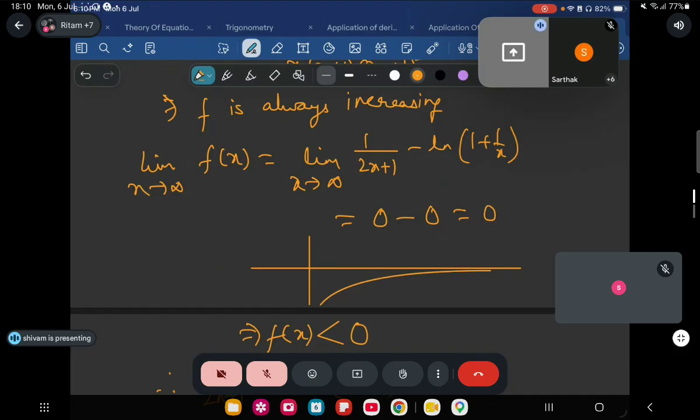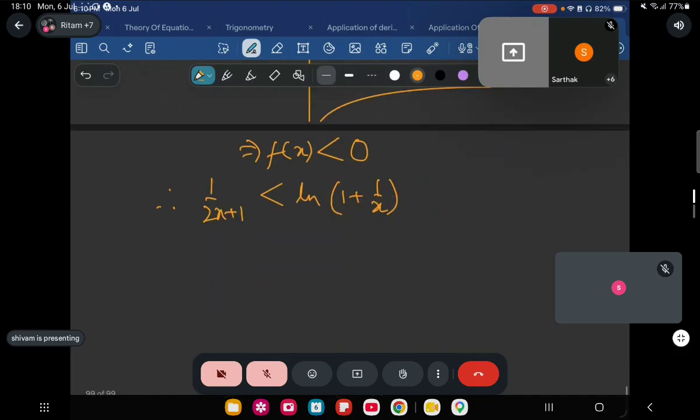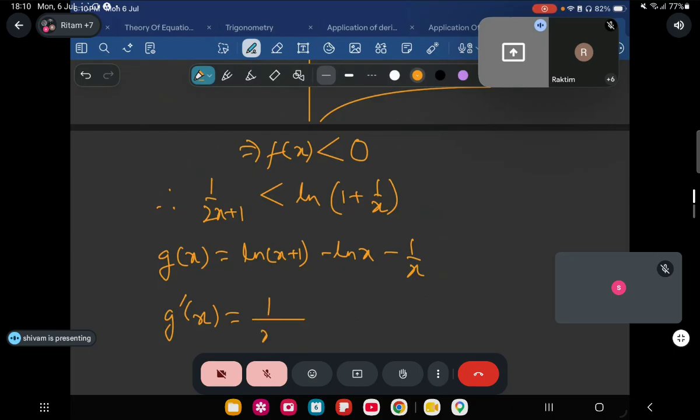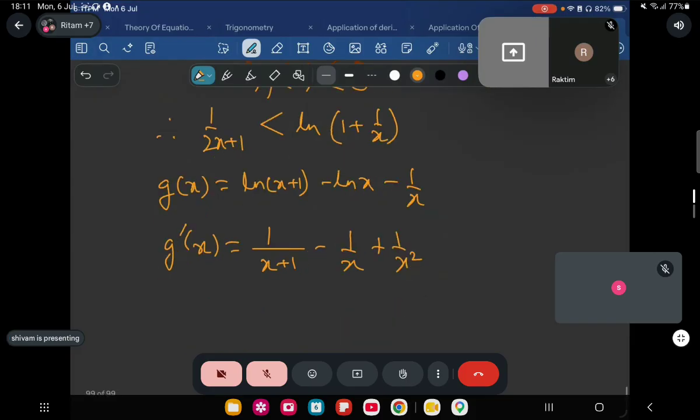Second part, can you solve it or should I complete? Second part also we will get the same thing. So should I solve? I can solve. g of x will be equal to ln(x + 1) minus ln x minus 1 by x. What is g dash x? g dash x will be equal to 1 by (x + 1) minus 1 by x plus 1 by x square.